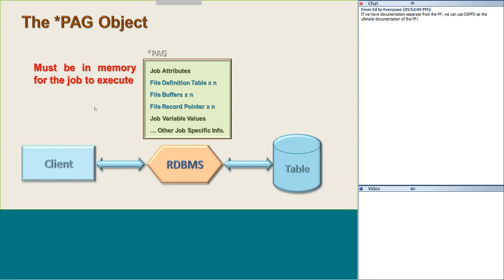If you have a memory constrained system, swapping PAGs in and out becomes a mission. And eventually, if you have too many jobs in the system, it gets to a point where the operating system spends most of its time swapping PAGs in and out and has no time to actually execute any jobs.